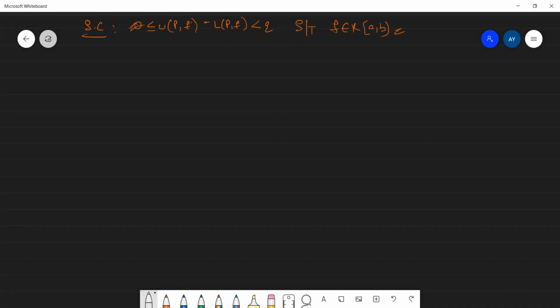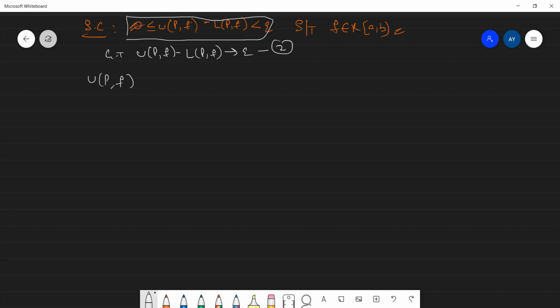So how will we prove it? We already know that we have proved this condition in case 1. Write this as: given that UPF minus LPF is less than epsilon. Take this as relation 2. Now, UPF is greater than or equal to the upper integral from a to b of f(x) dx.